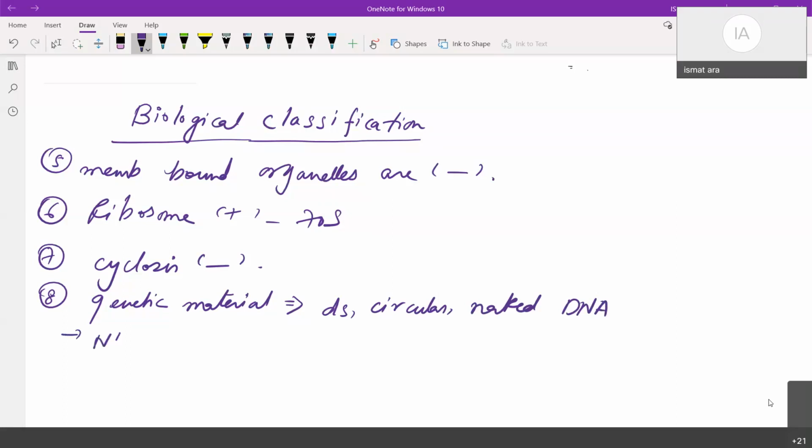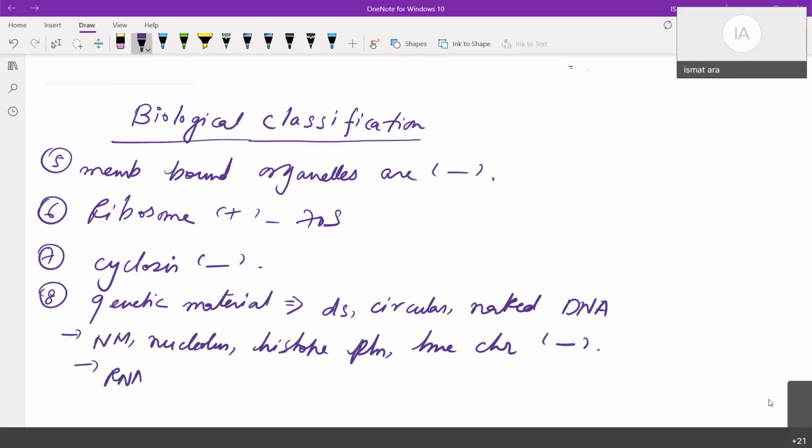Now, nuclear membrane, nucleolus, histone protein, true chromosome, all these things are absent. So what is present here? RNA is present, non-histone protein is present.